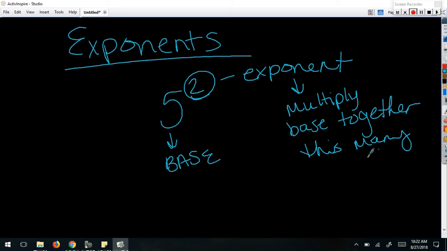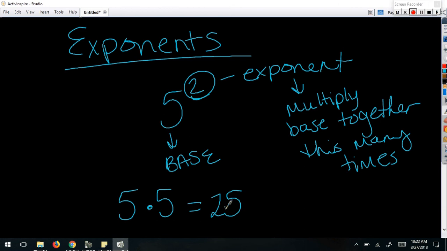So if that exponent was a 10, then it would be 5 times 5 times 5 times 5 times 5, 10 times, right? But in this case, it's a 2, which means 2 times. 5 times 5, which is 25.